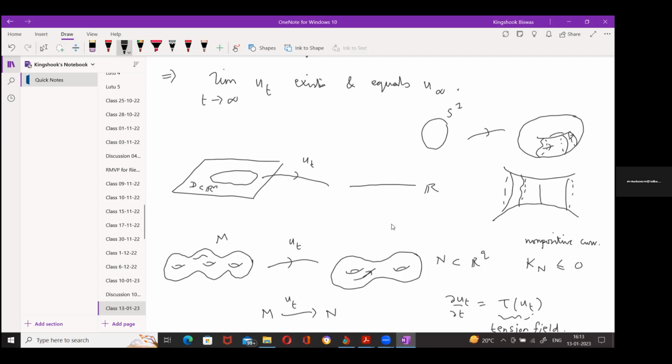There'll be a unique curve of shortest length. So here the harmonic map heat flow will converge to this unique closed geodesic. So you'll get uniqueness when there's negative curvature. Here the curvature is 0, and here the curvature is negative. So you'll get a unique harmonic map in this case. Okay. Thank you.